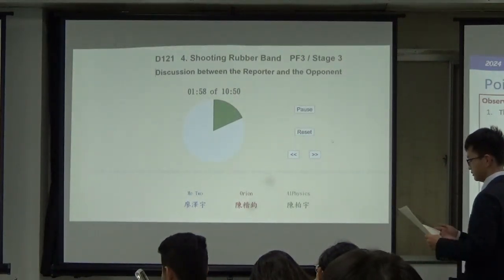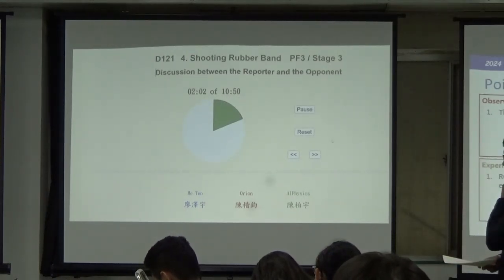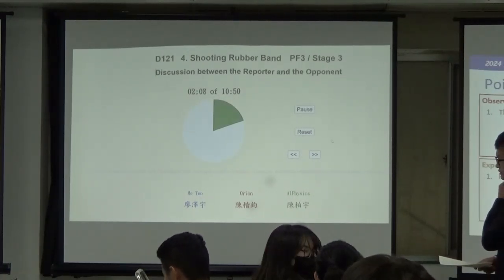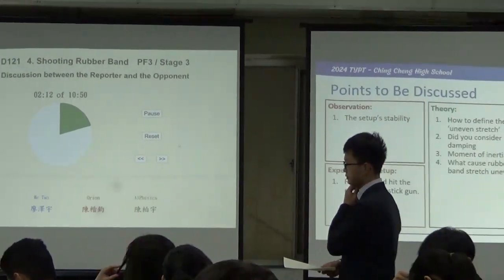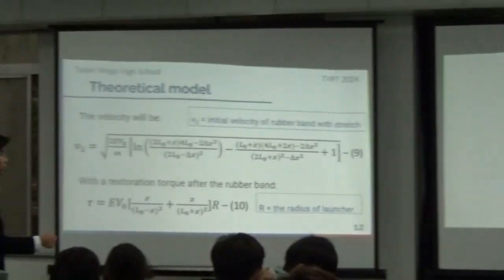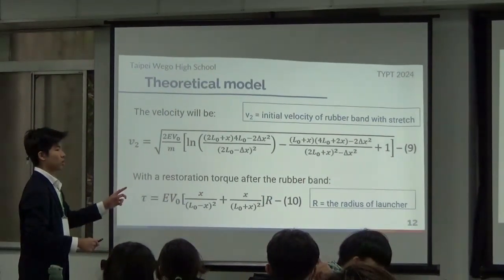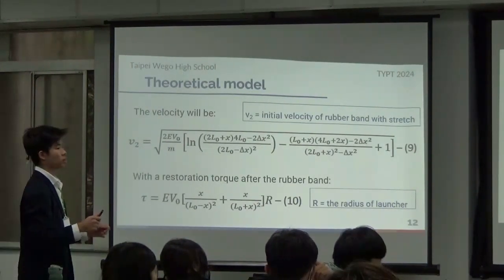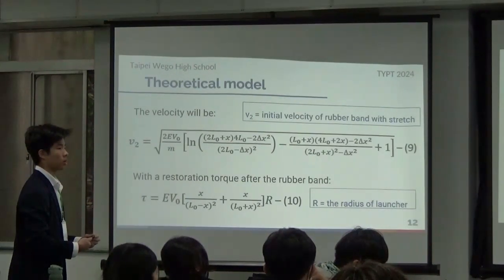And if the uneven stretch also causes the spin, so we think that it is the energy of the angular momentum that contributes to the velocity. It is the unevenly stretched. And how do you define the uneven stretch?